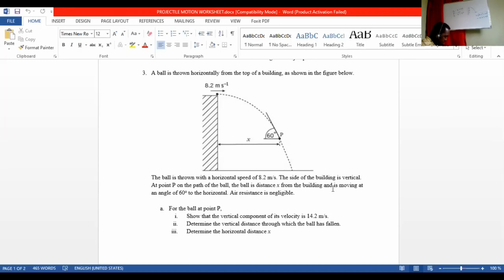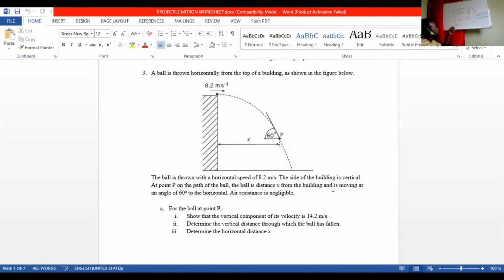All right, so we can use Vy squared is equal to V naught y squared plus 2gy. And that's given from the V squared equals U squared plus 2as. Right, so we know that Vy is 14.2, we square this.